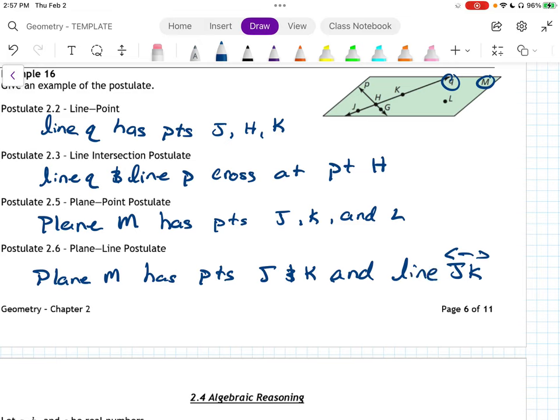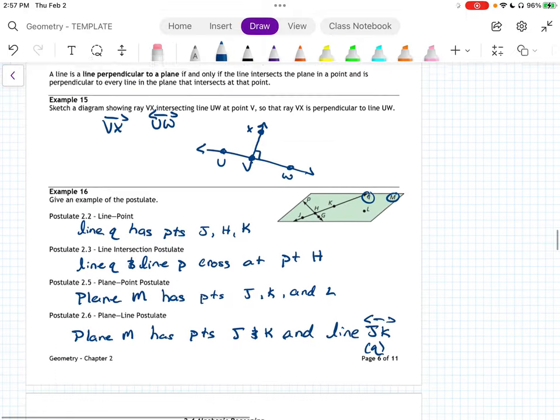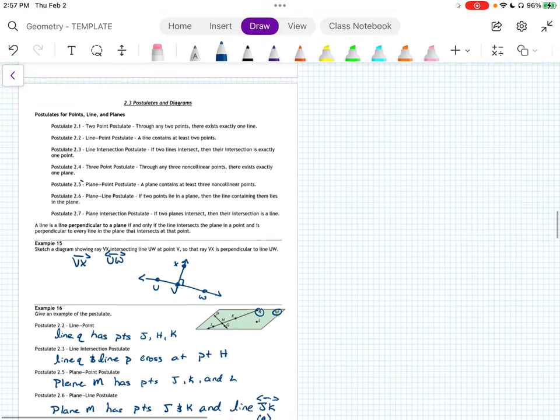Or we could say that that's line Q if you wanted to. That's line Q. But there we go. That's all. Okay. So there's our section 3 there.